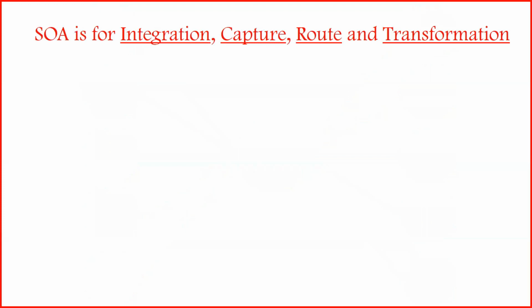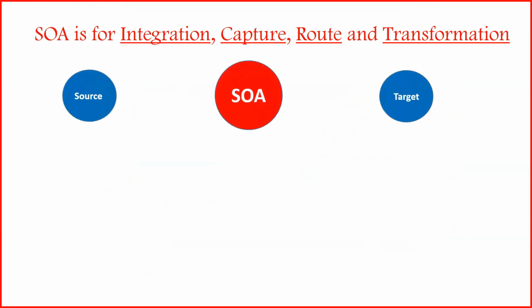Now, apart from integration, there are different capabilities of SOA, which we call capture, route, and transformation. For example, you have a source application and a target application that need to communicate with each other. Your source is developed in Java and the target is a .NET application. Similarly, we have a lot of technologies and languages across the world, and if those applications need to communicate with each other, a certain kind of transformation is required so that they can understand each other.